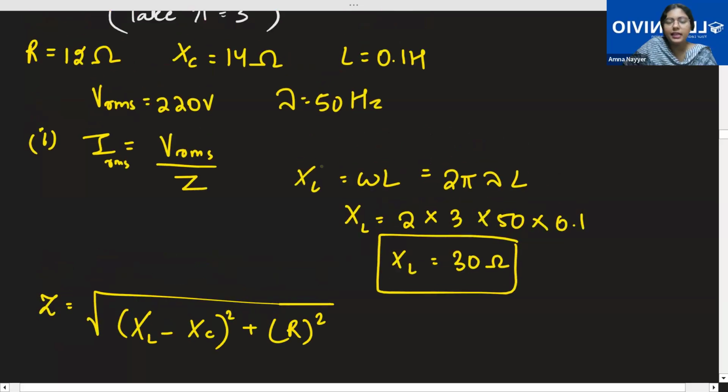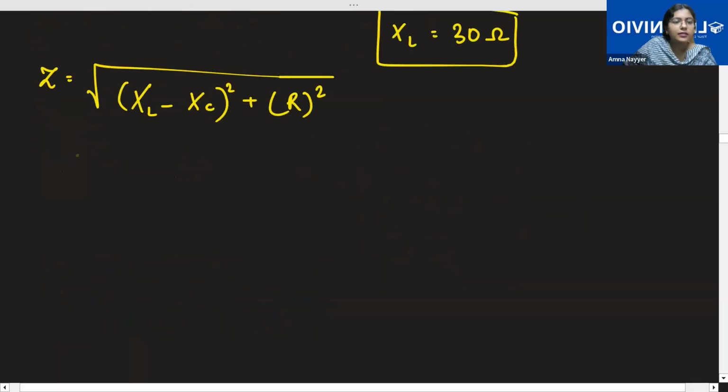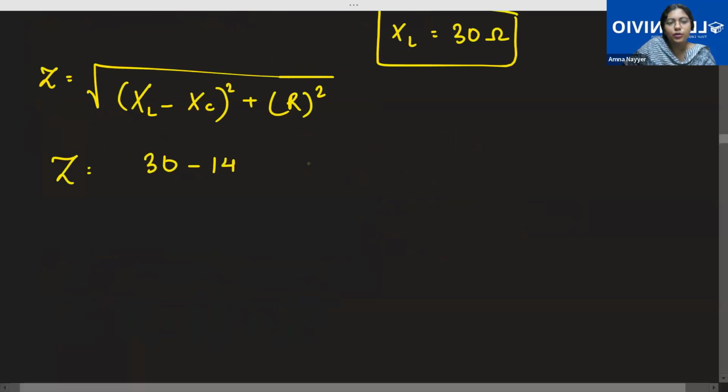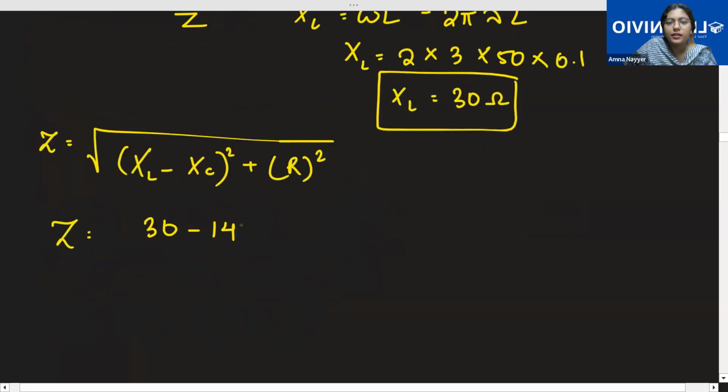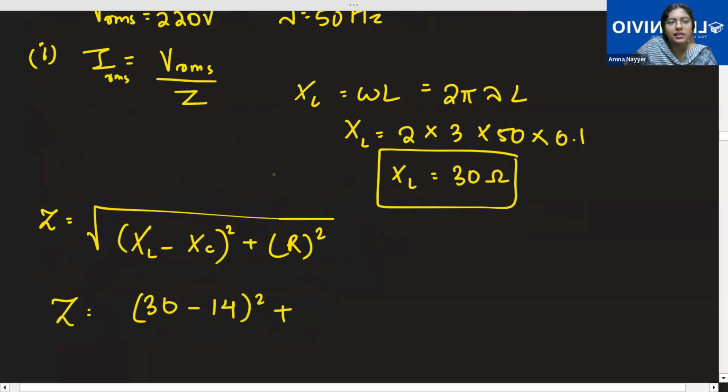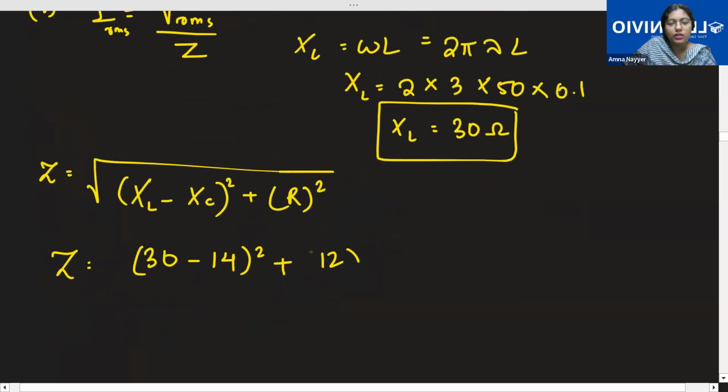XL minus XC, 30 minus 14. Z will be 30 minus 14 whole square plus resistance is 12, so this will be 12 square.